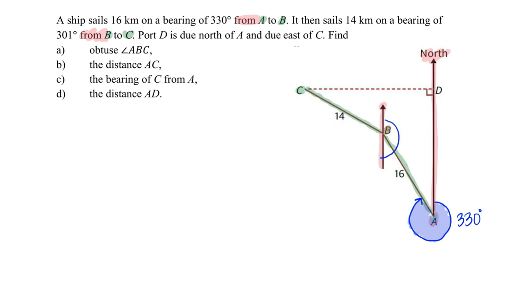So this is 301 degrees. Find the obtuse angle ABC. This one.